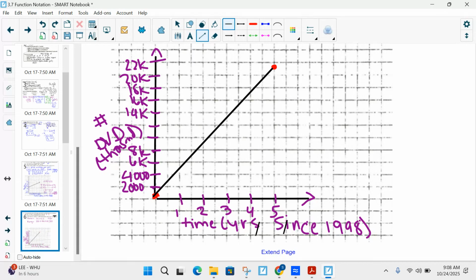So say in that year there were this many thousand. Yep, so write a sentence to explain what it means. So in blank, there were blank DVD players sold.